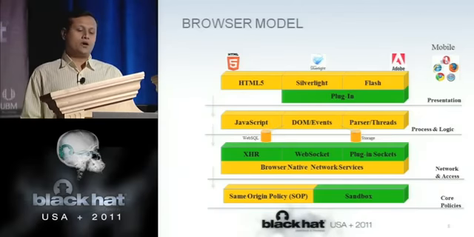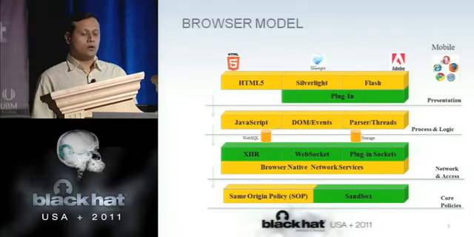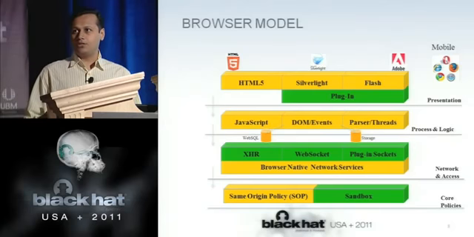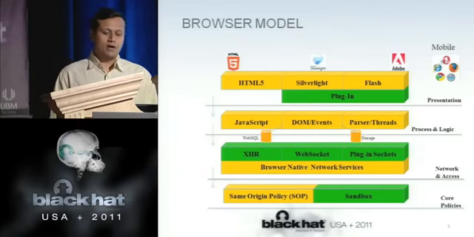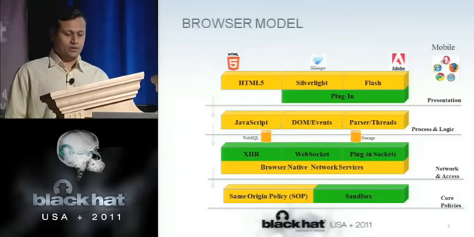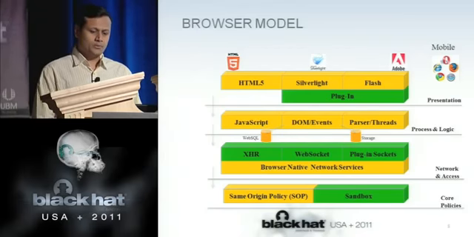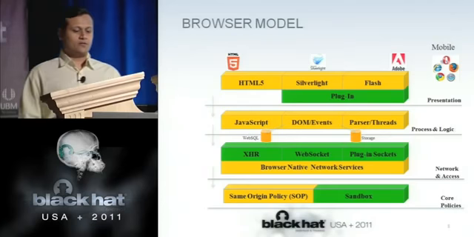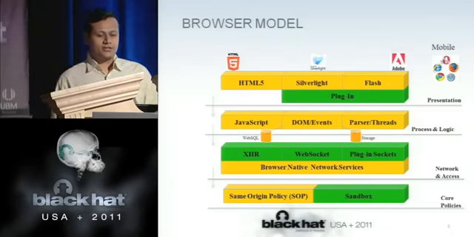So now in your browser you have something called web workers. So you can start a process inside your web page itself. You can have web workers running for you inside your HTML page. And topping up is the presentation layer, where there are 3 important stacks: HTML5, Silverlight, and Flash.